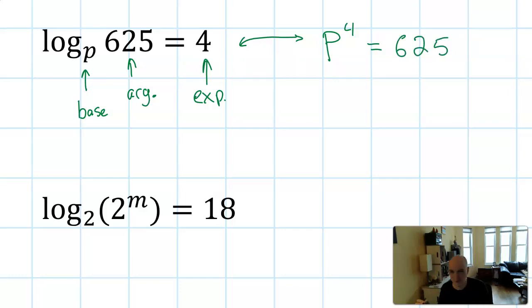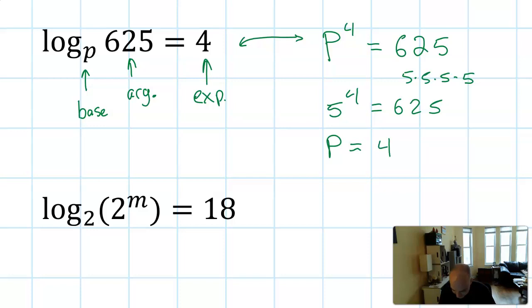Now, I wonder if we could solve for P. 625 is 5 times 5 times 5 times 5, right? Or 25 times 25. So wouldn't that mean that 5 to the 4 equals 625? So in this case, I think we could solve for P and get P equals 5. But if it was just asking us to switch the forms, this would be the final switched form answer.